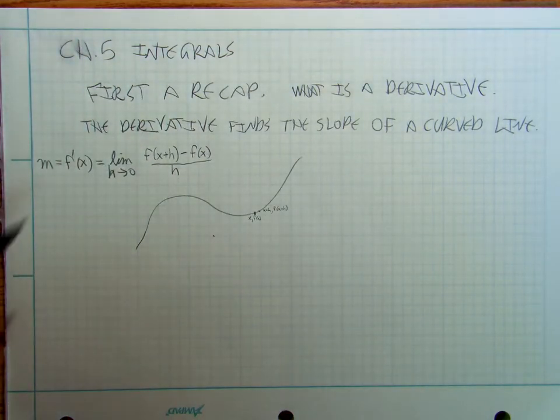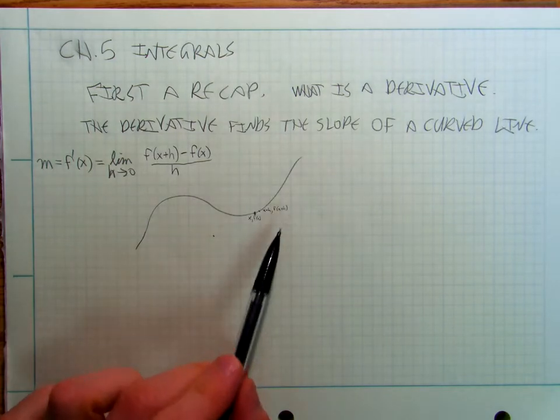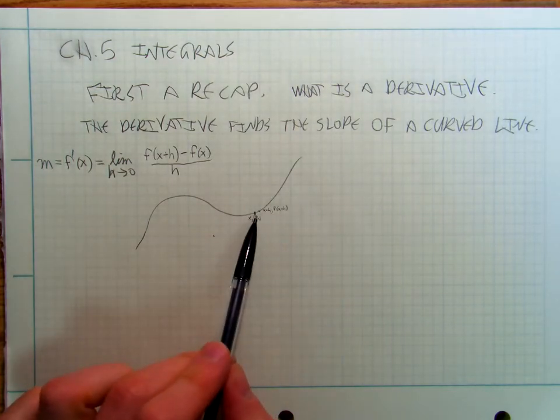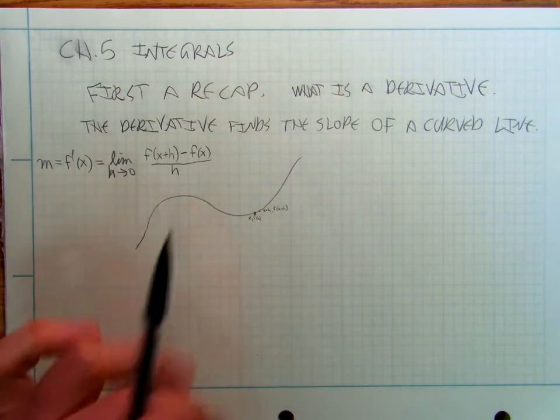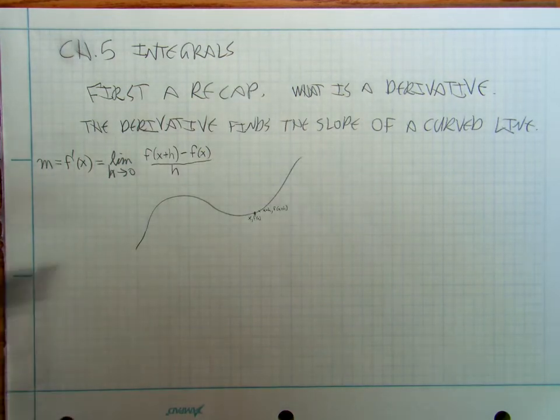So that's my definition of what we're doing. I've got two points that are really close together, and so that allows me to find the slope at that point. But then, as we learned through chapters 2, 3, and 4, there's all kinds of tricks that you can use.